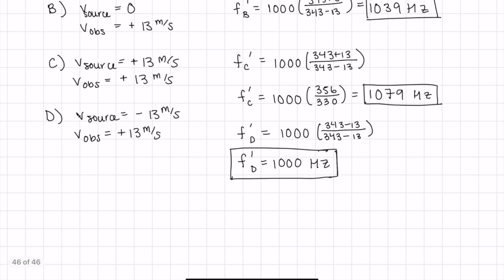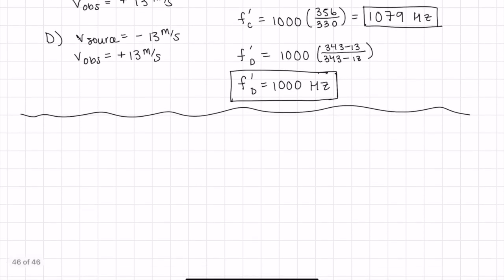So yeah, the only thing I was thinking about changing was if we made it, I don't know, let's just do case E that I'm going to make up, where V source is negative 13 and V observer is negative 13.